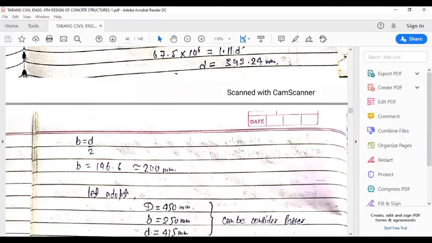And the section that can be adopted is D came out to be 450 mm, b came out to be 250 mm.